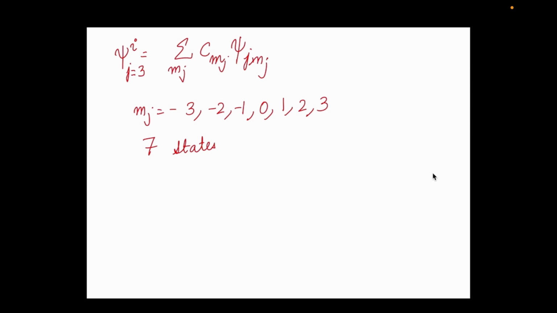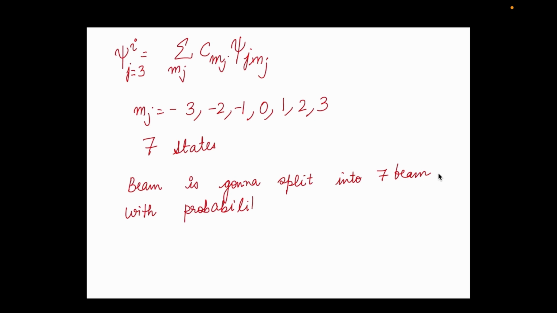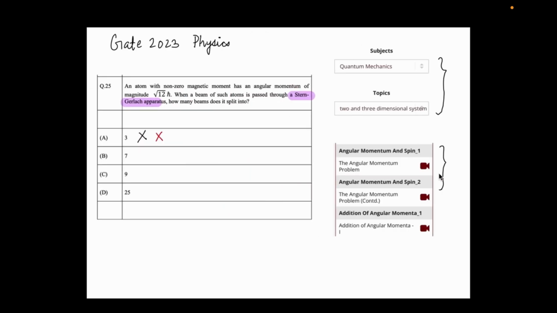So that means your beam is going to split into 7 beams with probabilities. So that shows the correct option is 7. Right. Thank you.